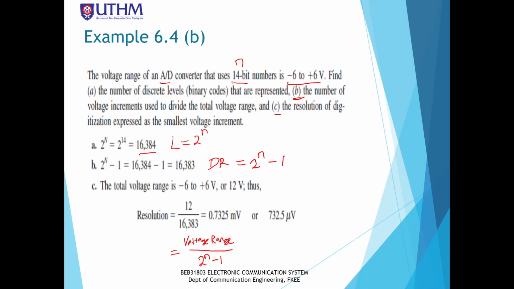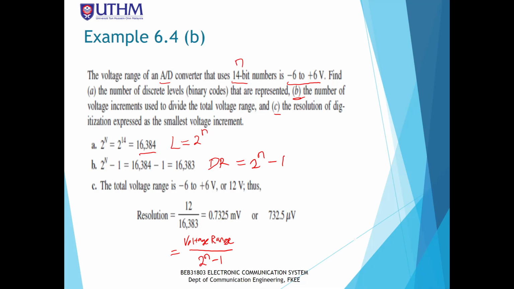So the total voltage range is divided by the number of step sizes, excluding 0 volt. Daripada total voltage itu kita bahagikan dengan jumlah anak tangga, jumlah step size. Tidak termasuk 0 volt.